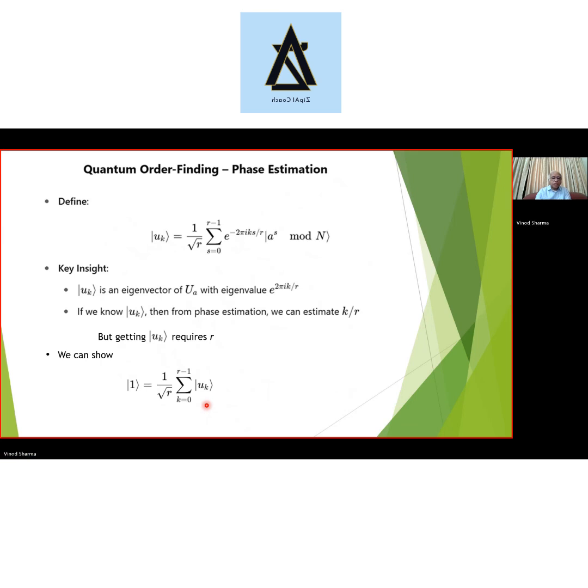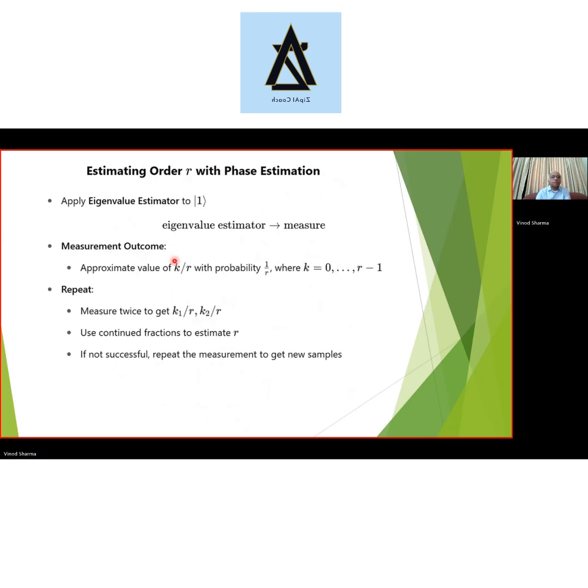Now, take this vector 1 and use it on the eigenvalue estimator, the phase estimator algorithm. Remember, when we described the phase estimator algorithm, if you feed in any state, then at the output you will get the phase corresponding to the eigenvector of u with certain probabilities.